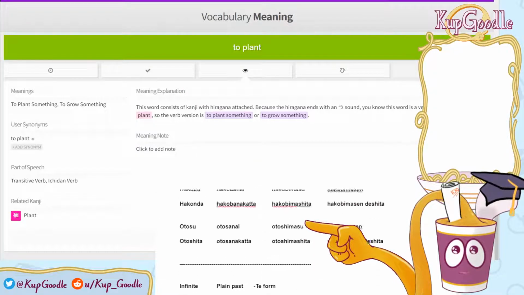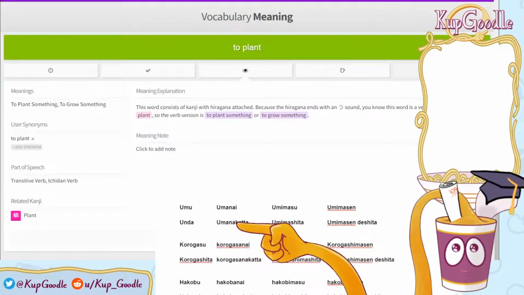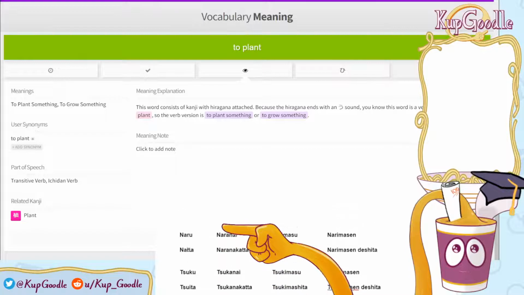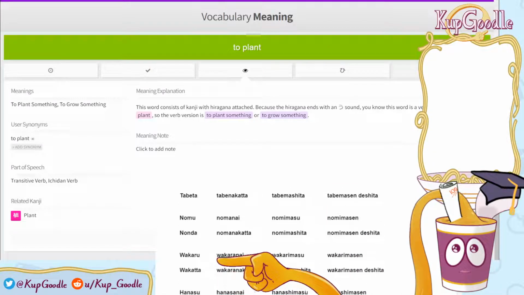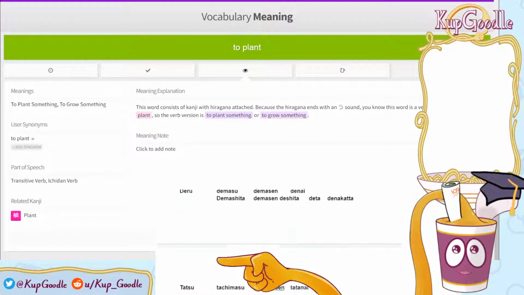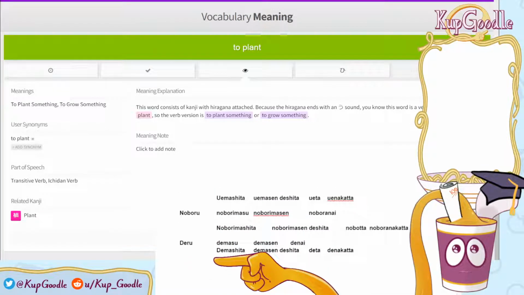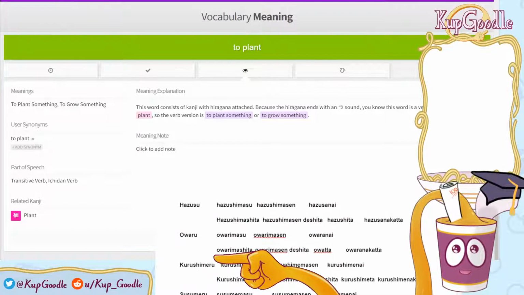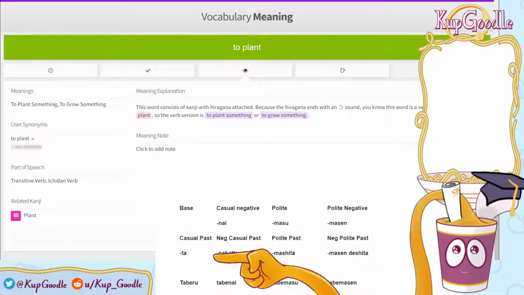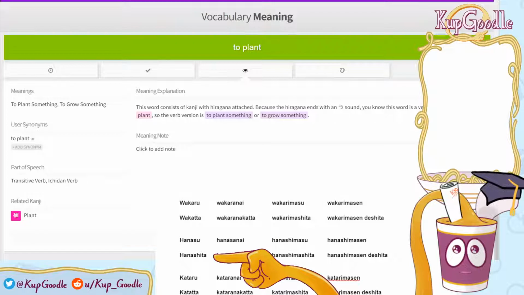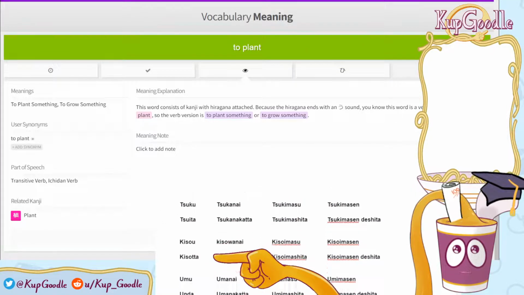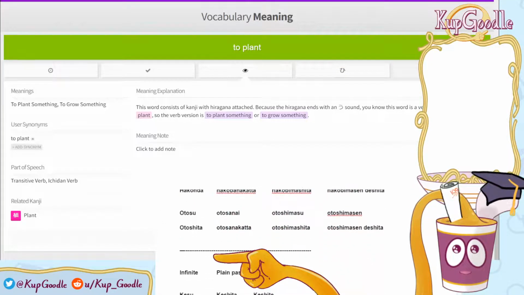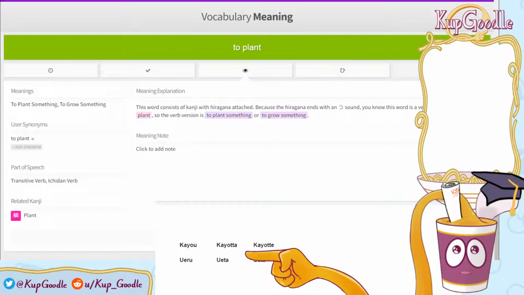Did I do that previously? I feel like I did that. Umu. No, that's umu. I guess I didn't. I guess I never did it. I thought I did it in these things, but I guess I never did.